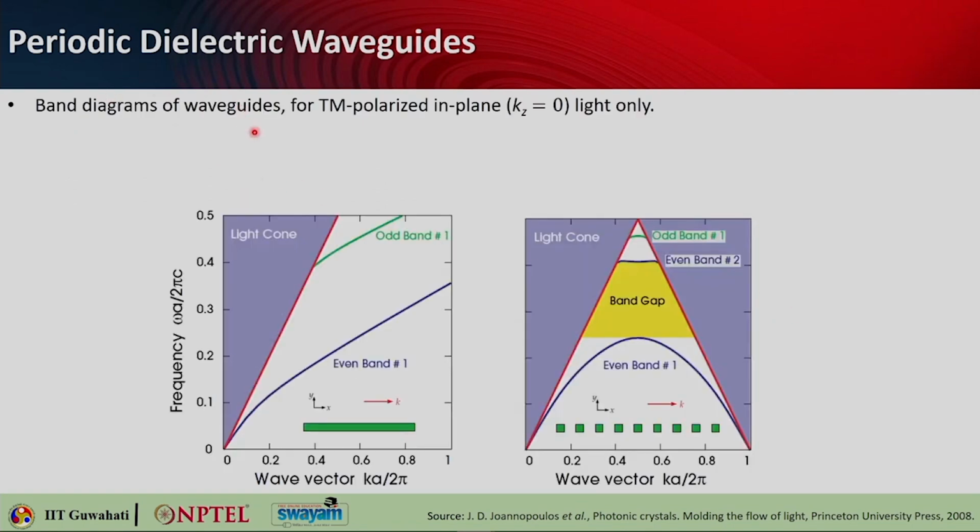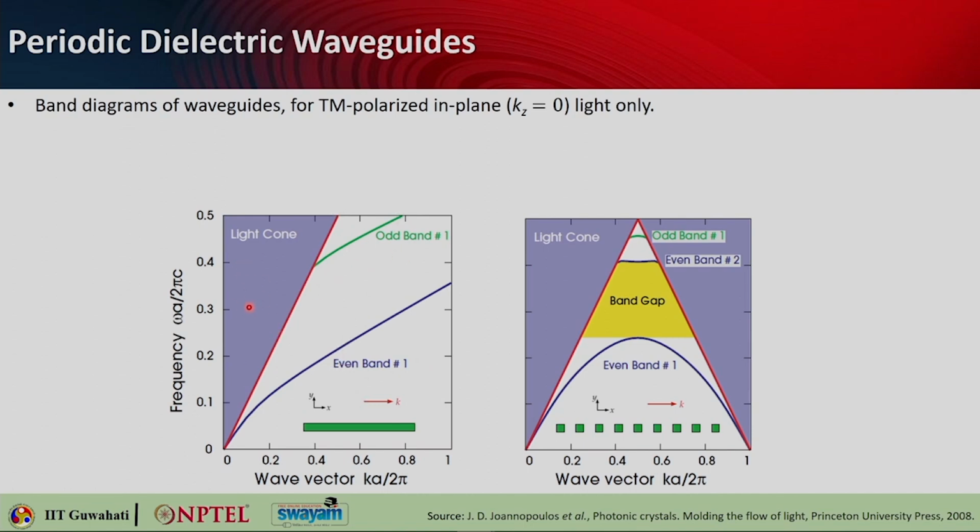If you look into the band diagram of the waveguides for TM polarized modes, that will be like kz equals 0, so they are in plane. You can see that for the continuous one, you do not actually have a band gap. You have an even band one here and then an odd band one, and this is the light cone.